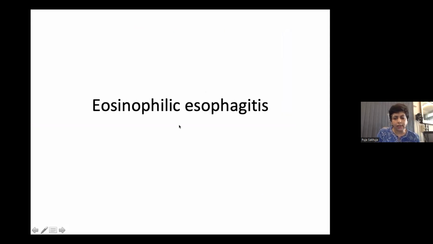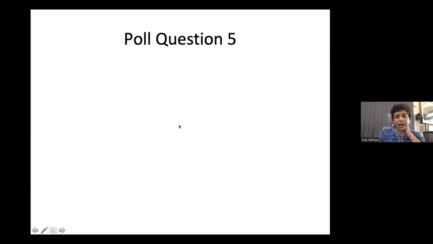Eosinophilic esophagitis, another interesting condition, coming up a little more these days in our requisition forms. Poll question 5, please. Number of eosinophils to diagnose eosinophilic esophagitis.